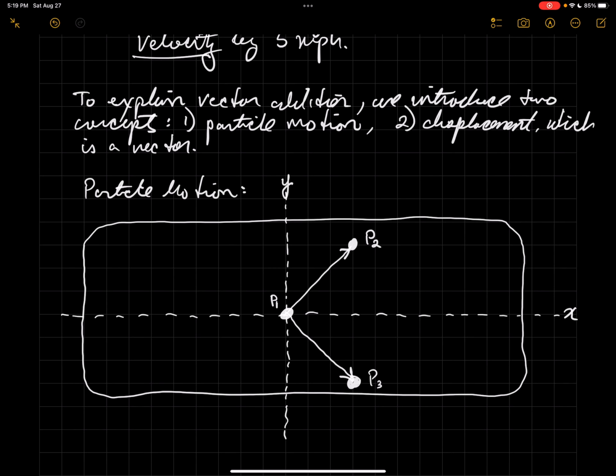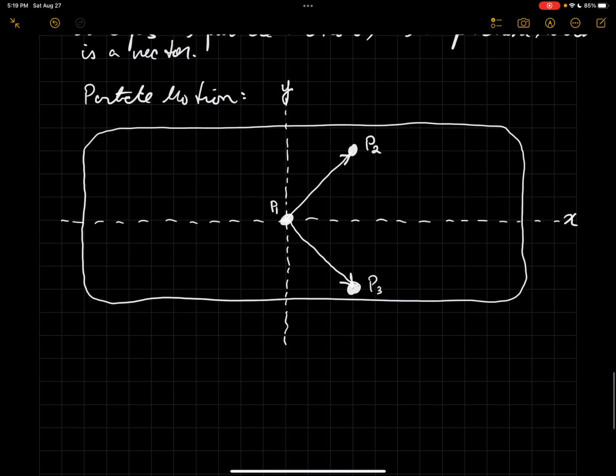So what this example highlights is that displacement, that is the motion of the pool ball, or more generally, using physics terminology, the motion of the particle, is a vector. It requires two pieces of information to be described. We require two pieces of information to describe the displacement of a particle as it moves from one point to another point in space.